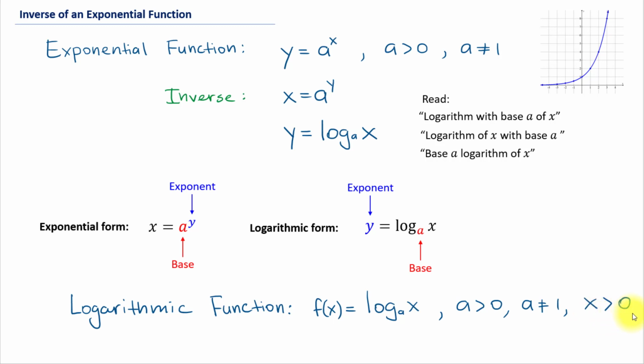Why is that? Remember that in the logarithmic function, x represents the result of taking base a and raising to the power y. We can see it better over here in the exponential form. But since the base is always positive, then no matter what y value we use, the result of this operation is a positive number.